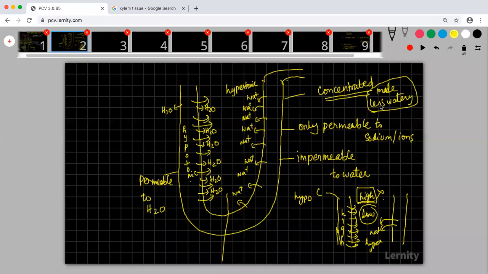Are you able to understand? So this is what is happening in Henle's loop. This is a very important point.